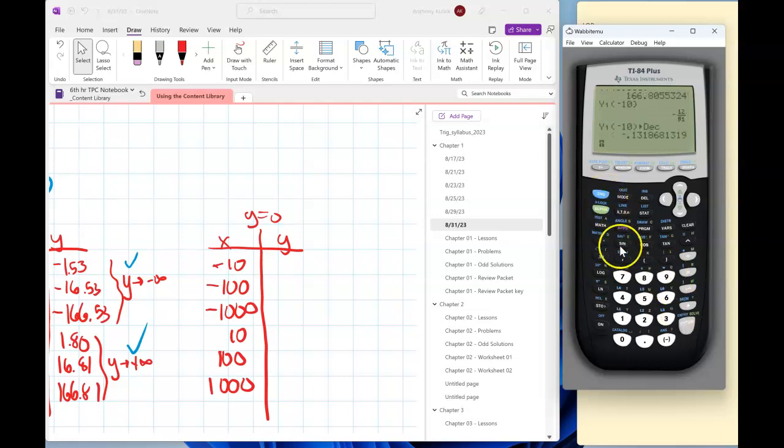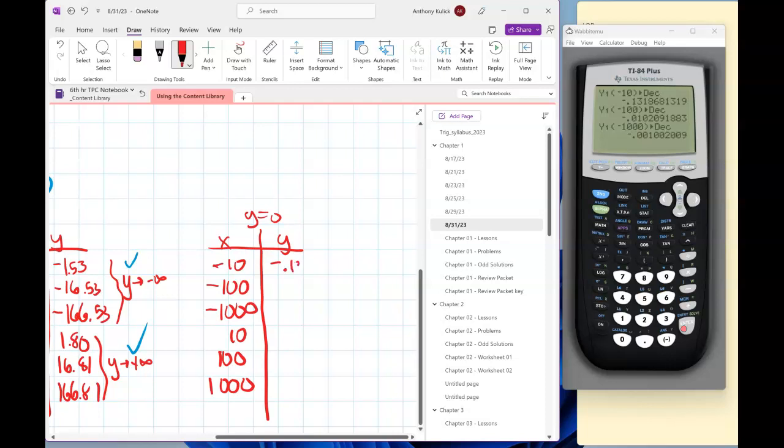So there's that. Second enter. And now I'm going to do second delete to do the insert. Notice my cursor's changed from flashing black to flashing white. That allows me to just add in the 0 without overwriting anything, so I don't have to go back through all those menus to get that decimal option there. And if I look, each time I'm getting a little bit closer to 0.